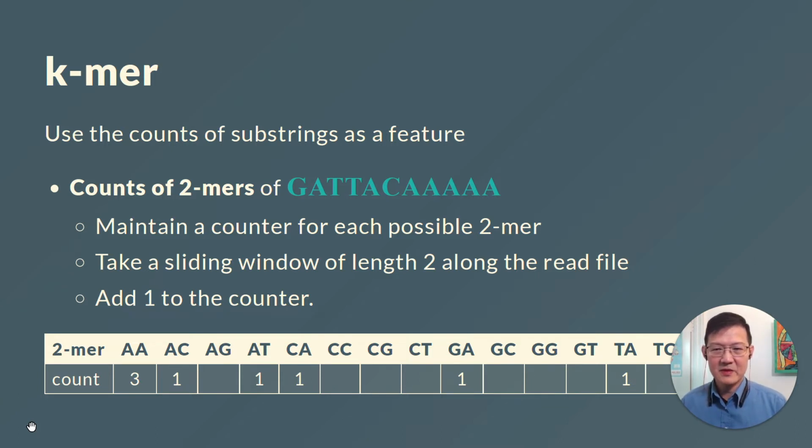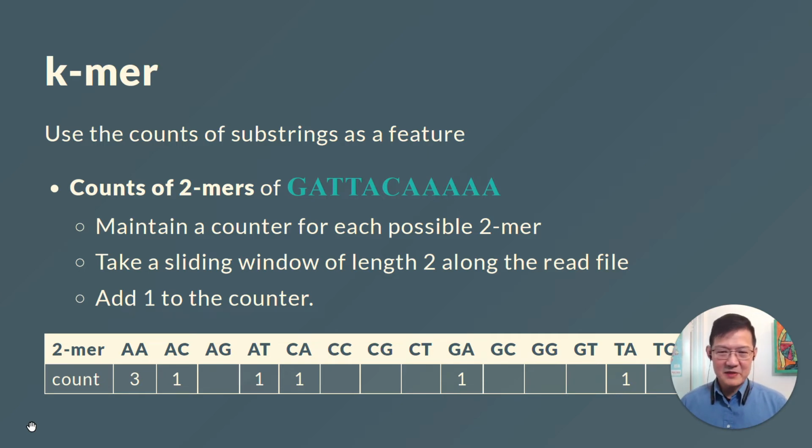So here we've created a table. This is the set of all possible 2-mers, AC, AG, AT, and so on and so forth. There's 16 of them. As we slide it along, the first 2-mer is a GA, so we add 1 to the GA column, and then the second one is AT, we add 1 to the AT column, and we slide it along, so on and so forth.